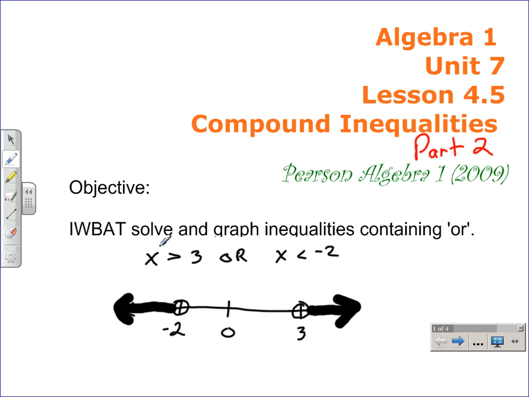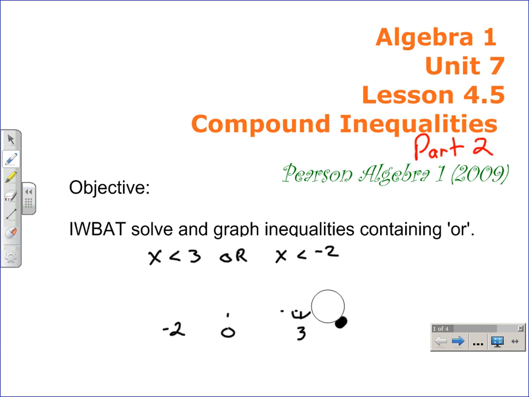Now, not all the time will the graphs look like this. Sometimes we'll be given things such as x is less than 3 or x is less than -2. The graph would look basically the same. The number line would anyway.